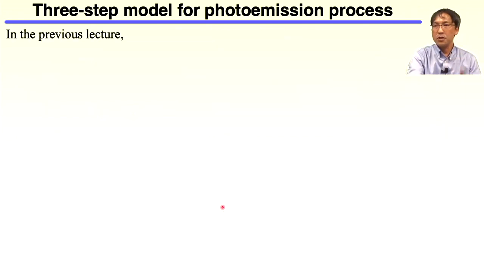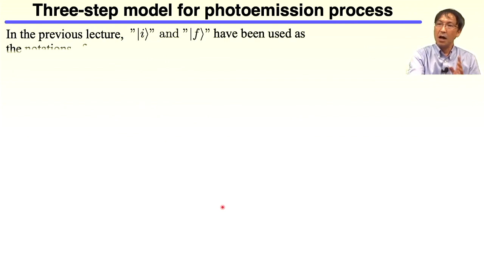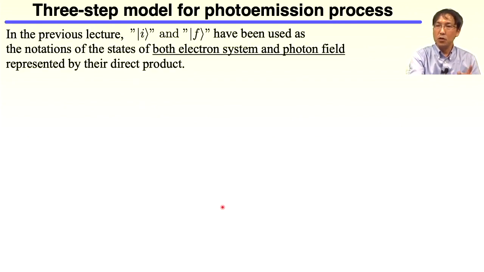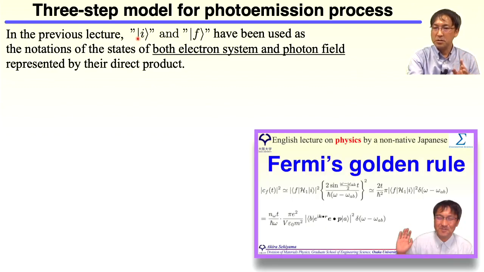Before going to the detailed discussion, I comment on the notation of the states I and F. In the previous lecture, states I and F were used as a notation of the state of both the electron system and photon field, represented by the direct product.